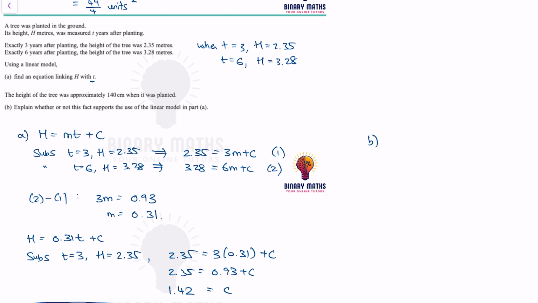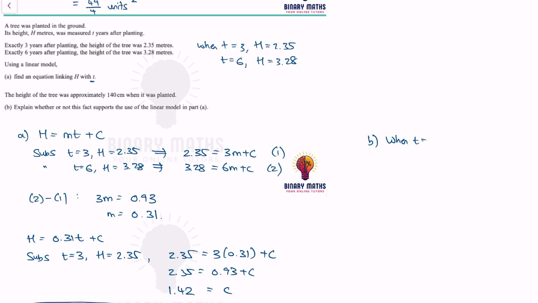Part B. The height of the tree is approximately 140 centimeters when it was planted. Explain whether or not this fact supports the use of the linear model in Part A. Because it's when it's planted, I need to work out what h is equal to when t is equal to 0.